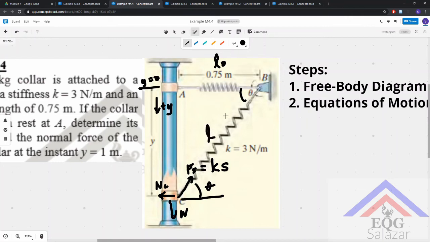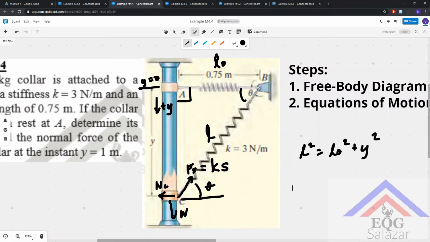Relating this to y and this length, notice that we formed a right triangle, and therefore L squared is equal to L sub naught squared plus y squared.